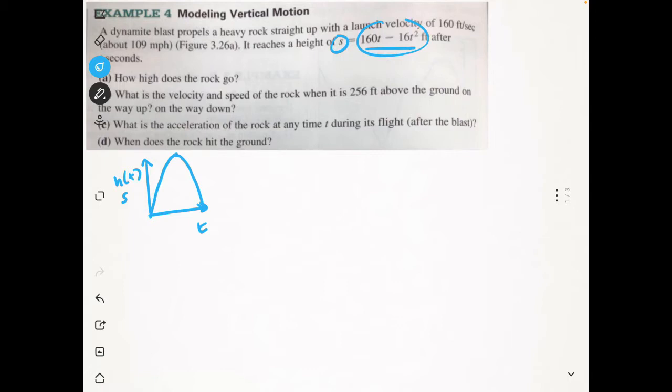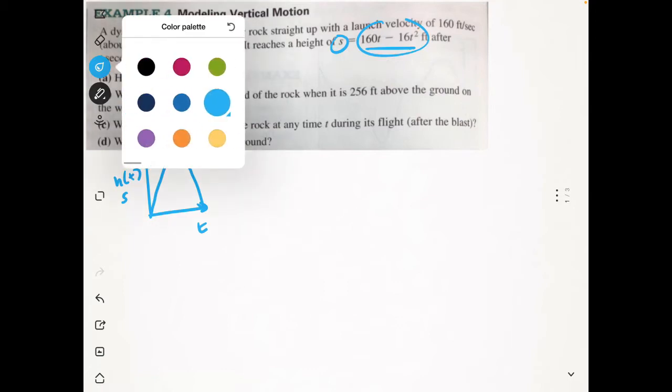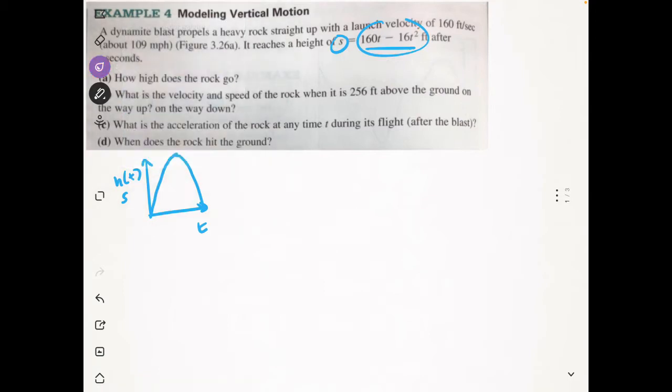These ideas are very, very important, and you'll see them come up over and over again. So what we're going to do is part A. How high does the rock go? What we know is, for a parabola, we have a vertex. And that's going to be the maximum or minimum height we ever reach.